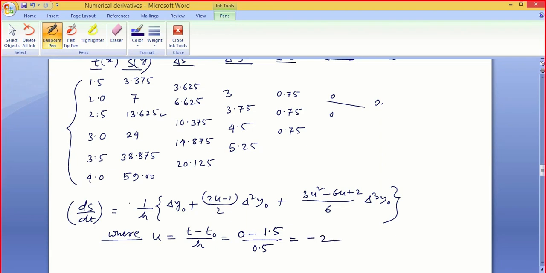So if I substitute these values, I will get the initial velocity of the particle, minus 3 or 1.5, minus 3. And these are the upper diagonal elements. So you can calculate 1 by h, which is 0.5.